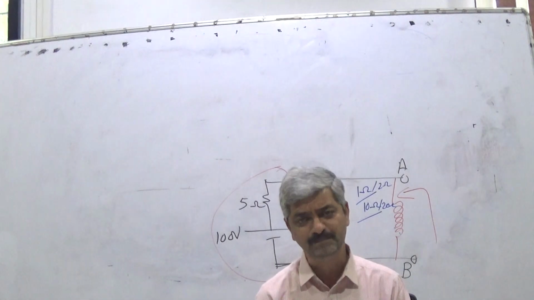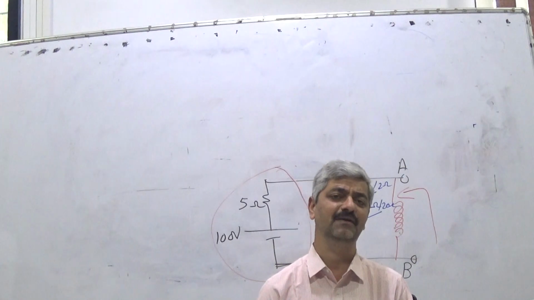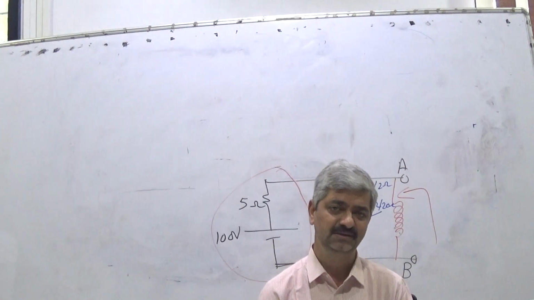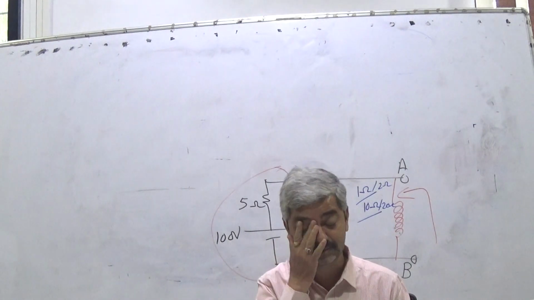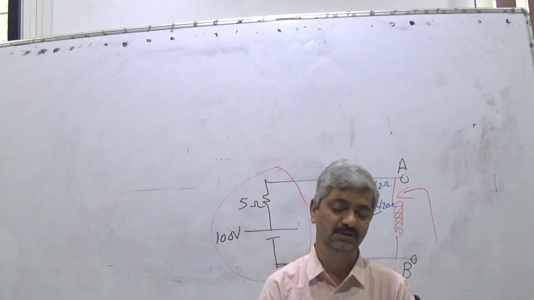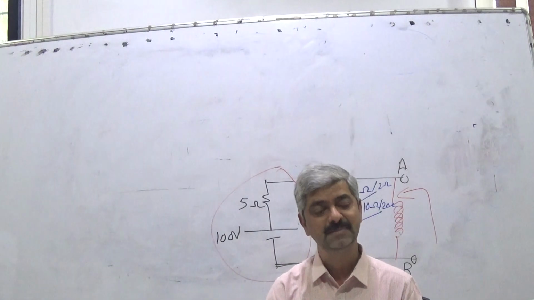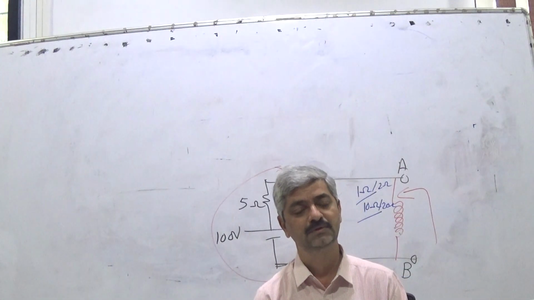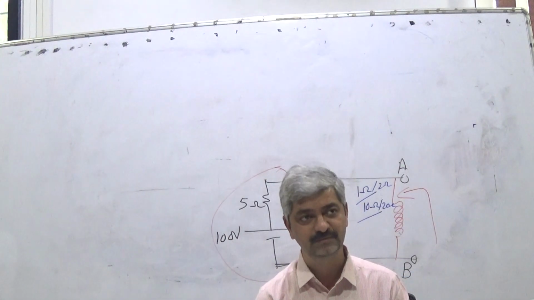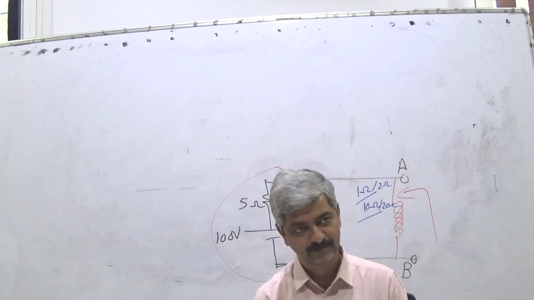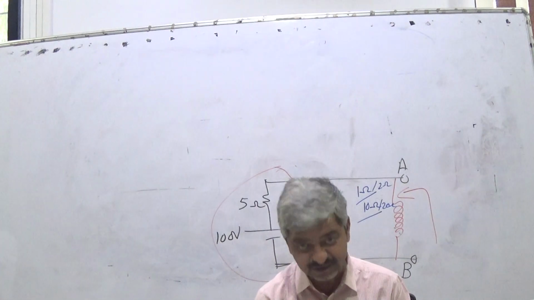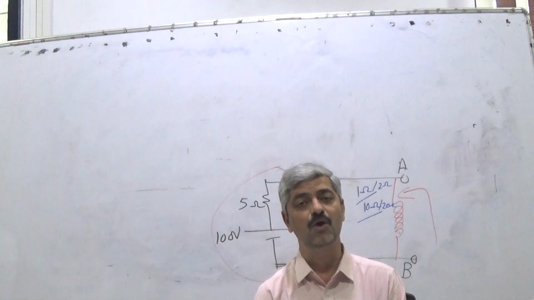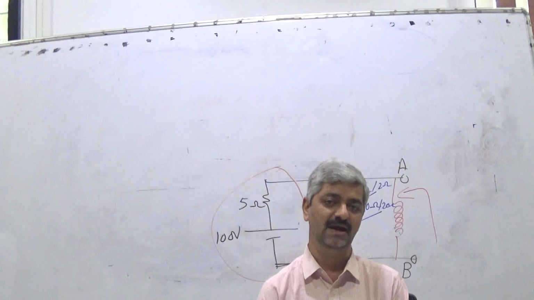Power is energy per unit time. You are aware of horsepower, that is 735.5 watts, the power which one horse is normally having.